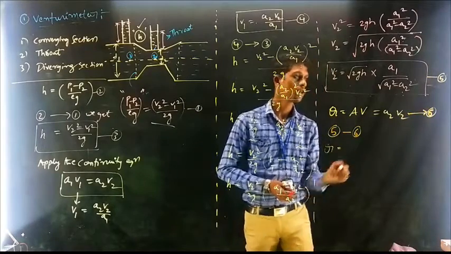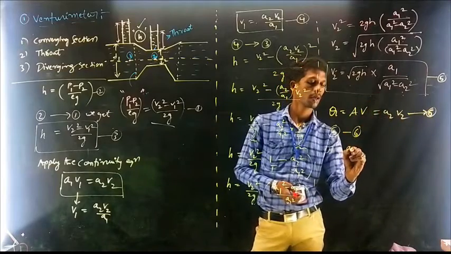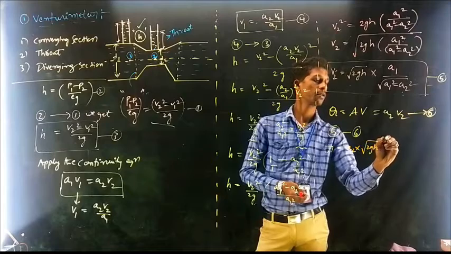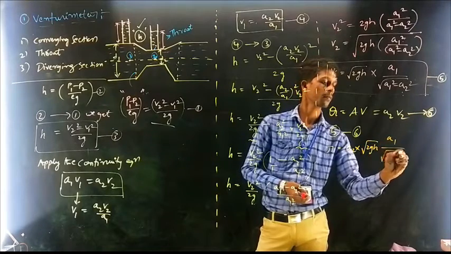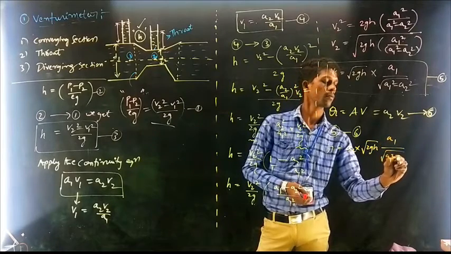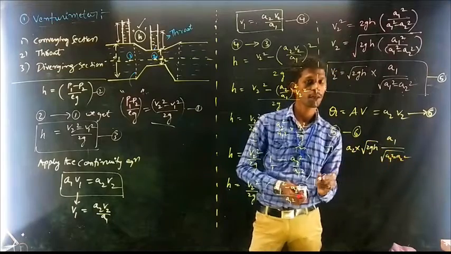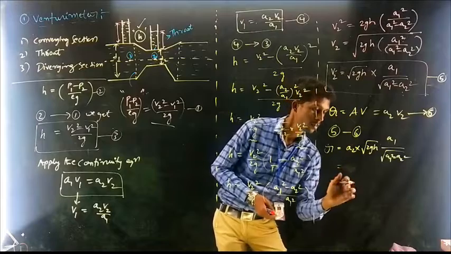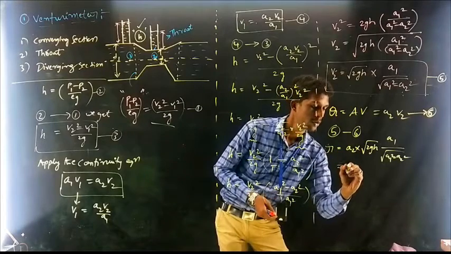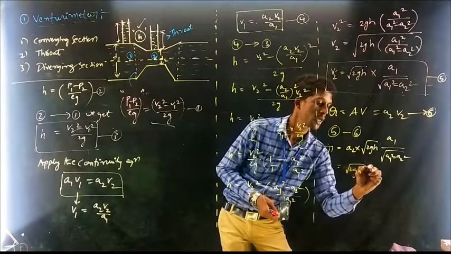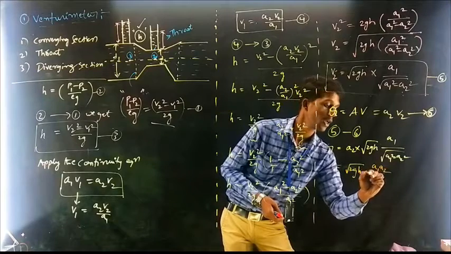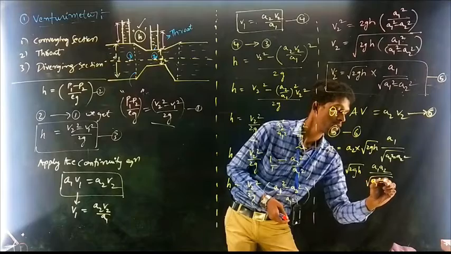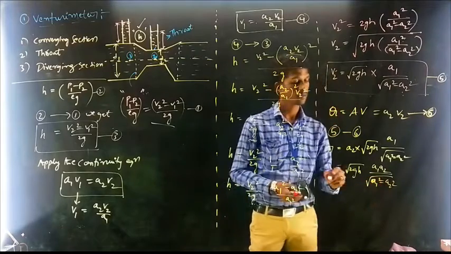You will get Q is equal to A2 into root 2GH A1 by square root of A1 square minus A2 square. A1 multiplied by A2, you will get Q is equal to square root of 2GH into A1 A2 by square root of A1 square minus A2 square.